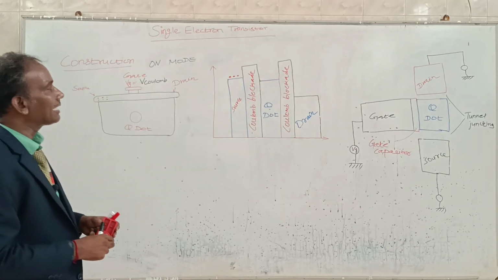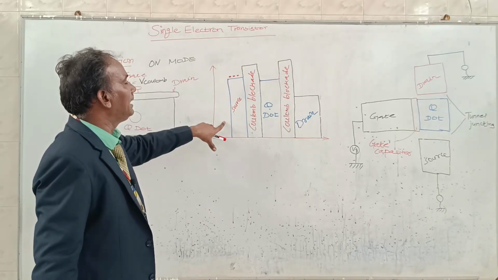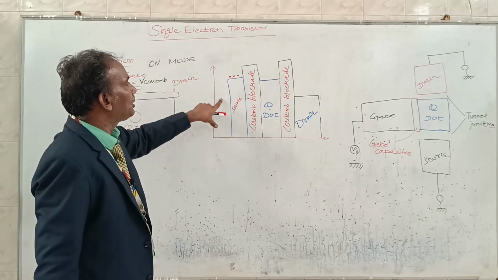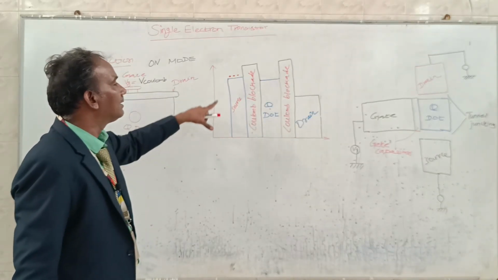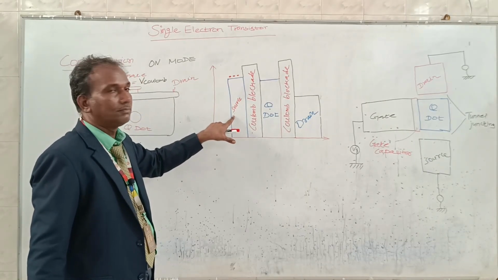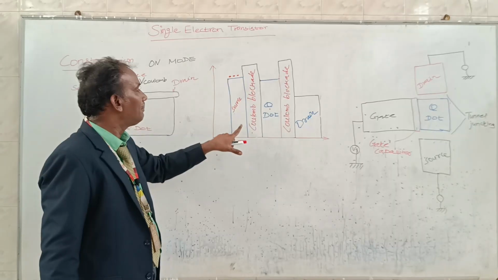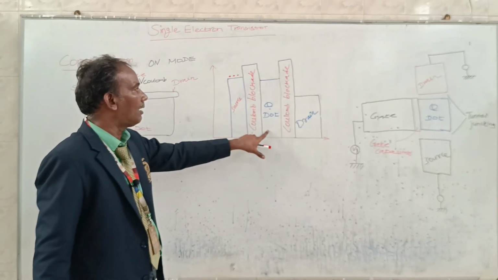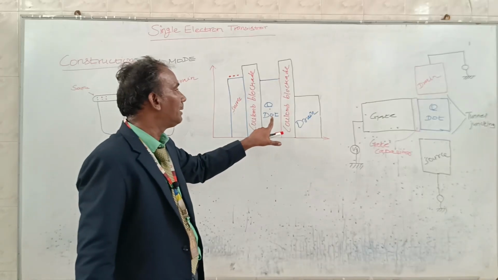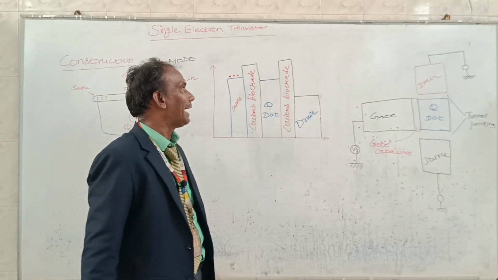Let's see the corresponding potential energy level of the single electron transistor. Similar to the previous case, here we have the source, quantum dot, drain. In between the source and the quantum dot, we have a Coulomb blockade, and similarly in between the quantum dot and drain, we have a Coulomb blockade.